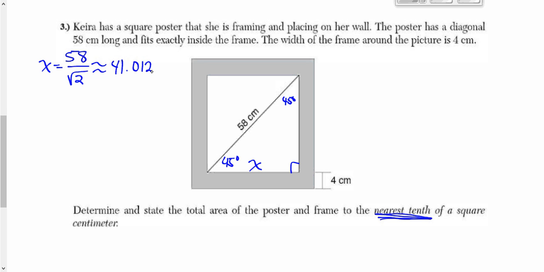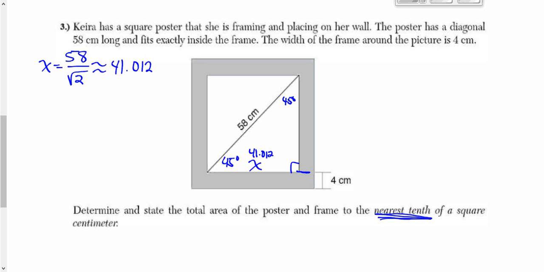So if we just multiply that by itself, will that be the area of the whole thing? It won't, will it? What do we have to also include? The frame. So what do we do with this 41.012? Add 4 to that one. Well, okay, the frame is 4, right?